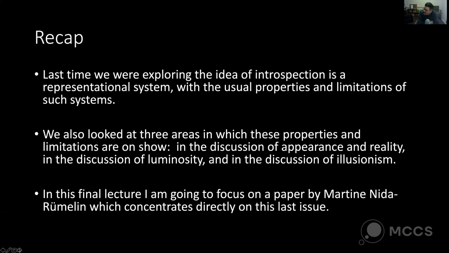And then finally, in the discussion of illusionism, we noted that it's plausible that in introspection you can represent properties like being in pain. It's much less plausible that you can represent much more theory-laden properties like being acquainted with a sense datum or being in a state that satisfies the principle of revelation.